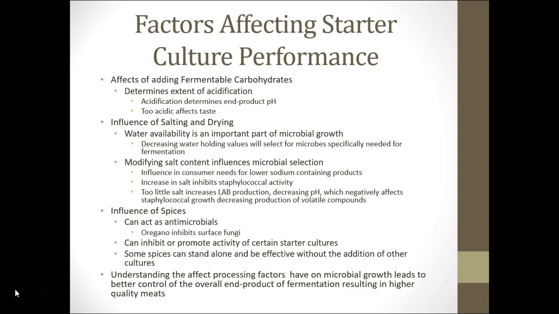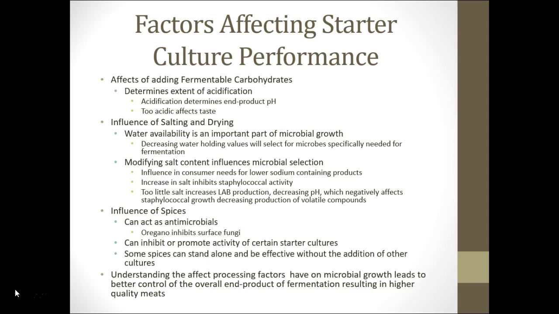There is an influence of the spices that we put in. Certain spices can act as antimicrobials, and oregano is one of those, which has been shown to inhibit surface fungi. We can inhibit or promote activity of certain starter cultures by using spices, so we need to be careful about making sure we use certain spices and additives that enhance our culture, not inhibit them.